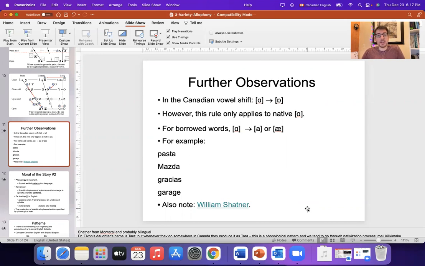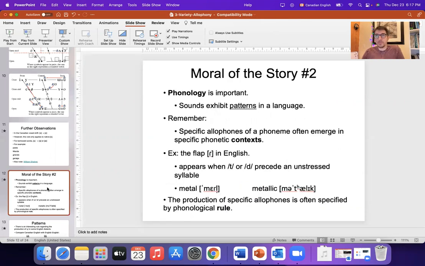Actually, he's a Canadian, and very few people know this, but this is something that is going on in Canadian English, and it's normal. Of course, it's nothing to be ashamed of. We just describe language. And I guess these are the patterns that occur because they are governed by their phonology.